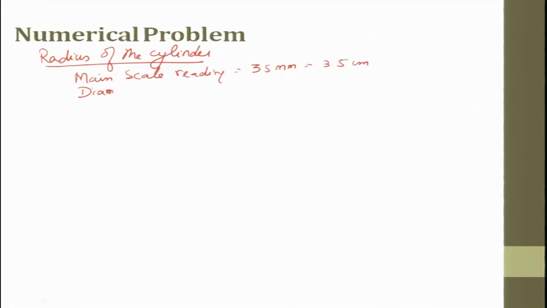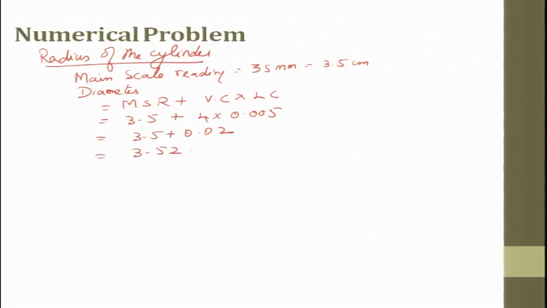So, the diameter is equal to main scale reading plus vernier coincidence into least count. So, this is 3.5 plus 4 into 0.005, which is 3.5 plus 0.02. So, this is 3.52 centimeter. We are asking for the radius, and what you get here is the diameter. So, 3.52 by 2 is 1.76 centimeter.